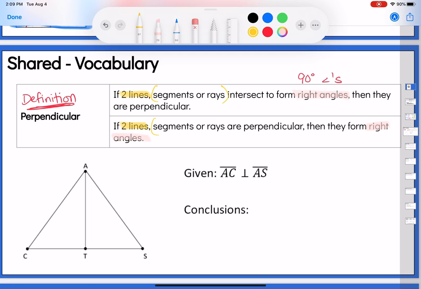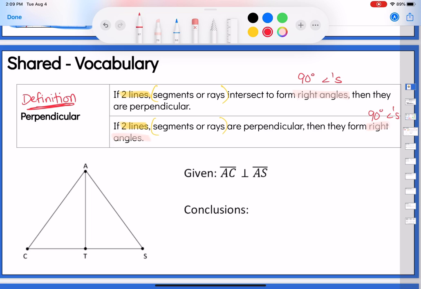So just depending on whatever you are given in your proof, whatever you need, you can use lines, segments, rays, whatever, and then 90-degree angles or right angles, whatever you're given. But just remember the if part has to be whatever is in a statement before that. The then part is what you're trying to say in this step.